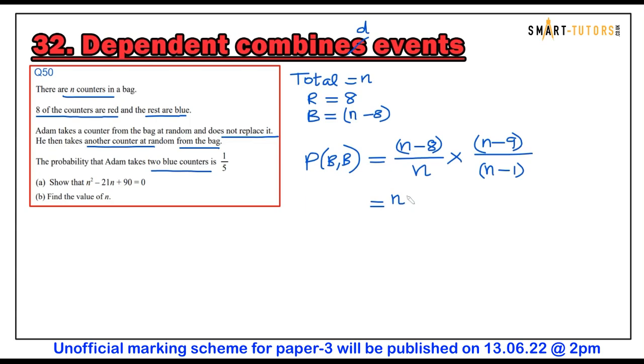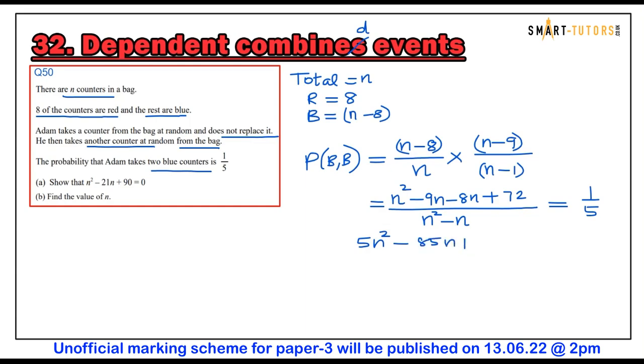Algebra, so n squared minus 9n minus 8n plus 72 over n squared minus n, which is equal to, they have given, 1/5. Cross multiply, so 5n squared minus 9 plus 8 is 17 times 5 is 85n plus 72 times 5 is 360 equal n squared minus n.